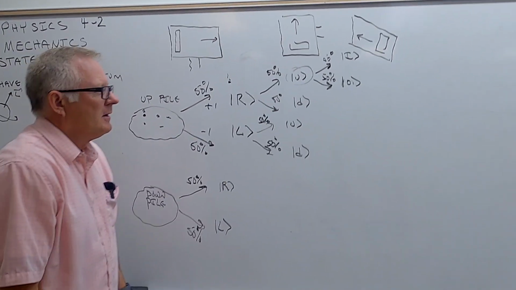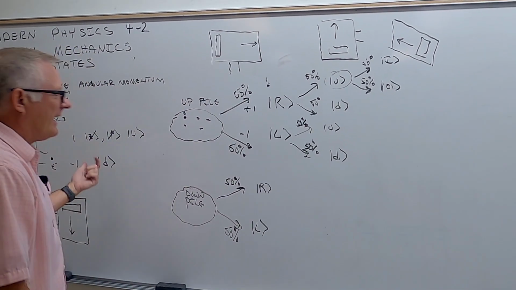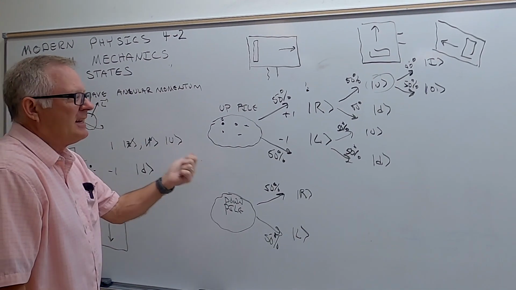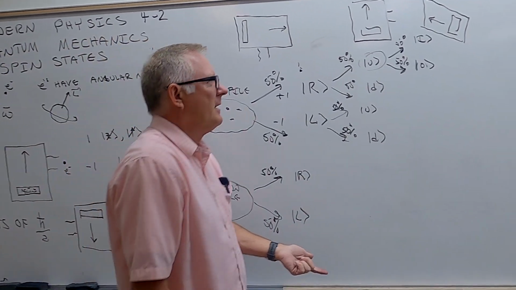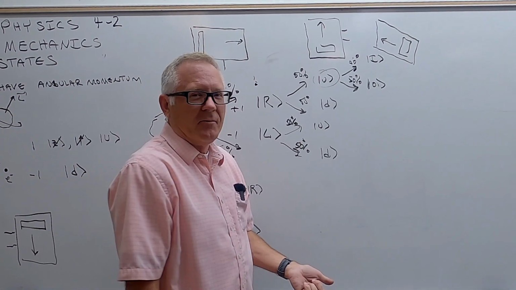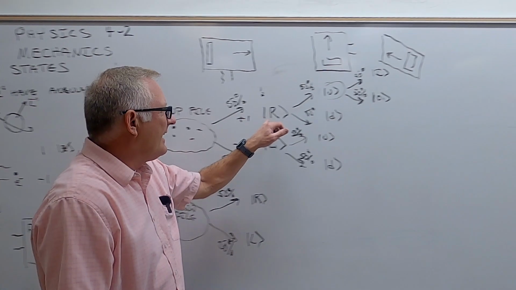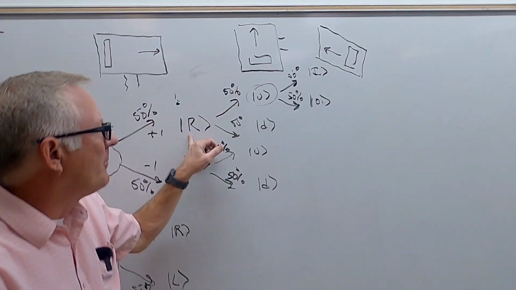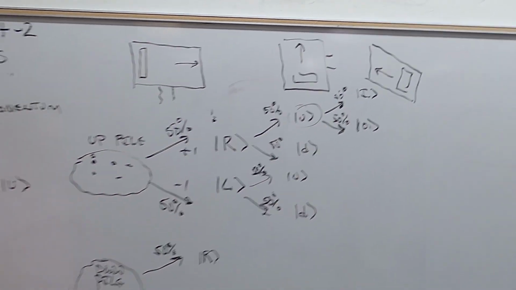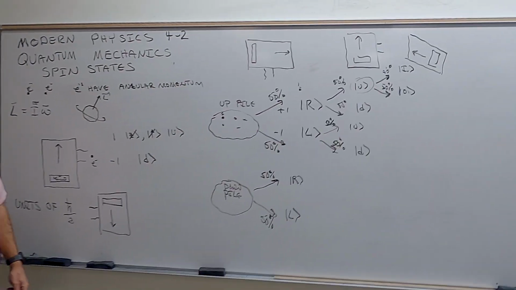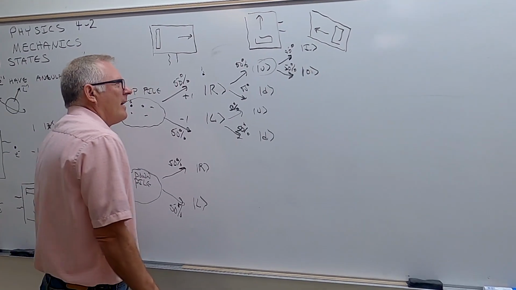So if I was in any state, any of these right, left, in, out, up, down, and I asked for something outside of it, it would be a 50-50 shot. If I went from right to in, it'd be 50%. Right to out, it'd be 50%, every single one. Suppose we have a proposition.